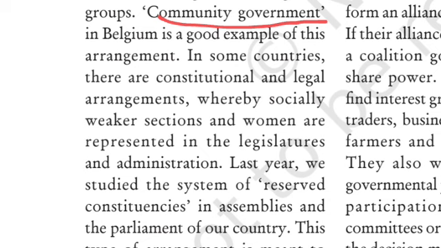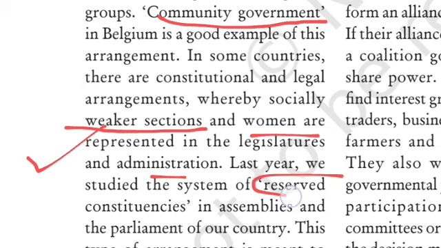In some countries there are constitutional and legal arrangements whereby socially weaker sections and women are represented in the legislature and administration. This is again important. Last year we studied the system of reserved constituencies, right? In class 9th we read about the reserved constituencies in assemblies and the parliament of the country.